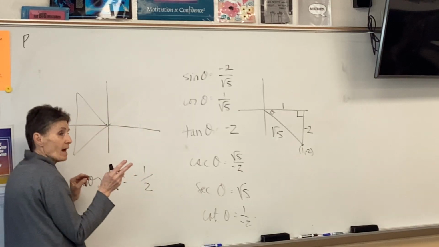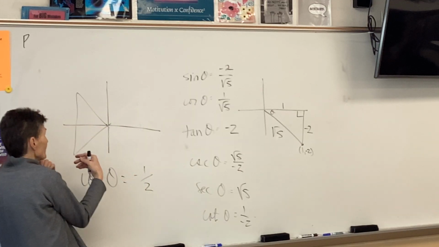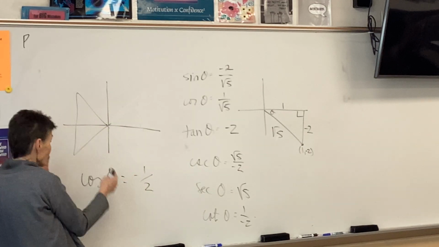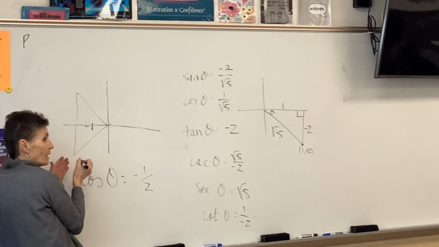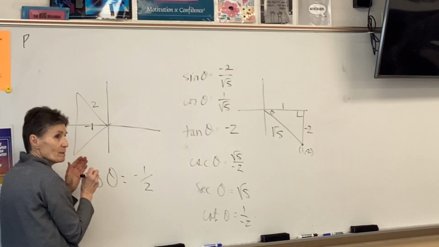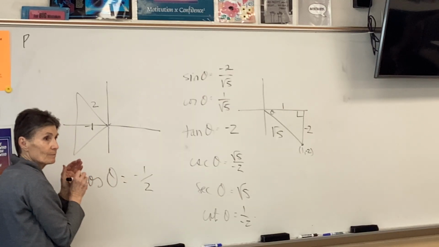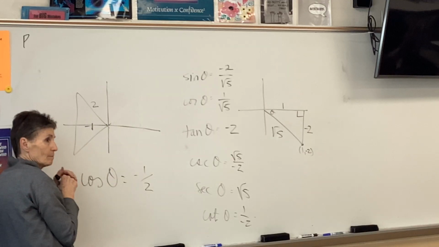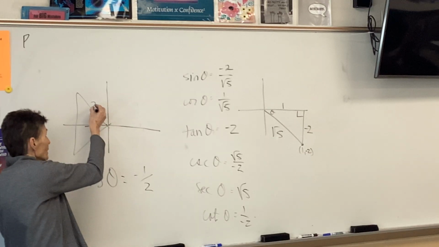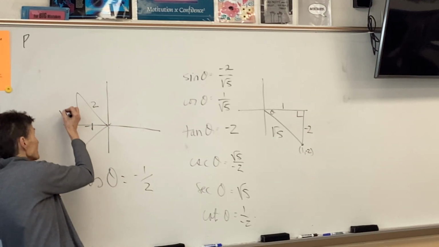I know the adjacent has to be -1 and the hypotenuse has to be 2, and I need to find that angle. Well, if that's -1 and that's 2, this is root 3.